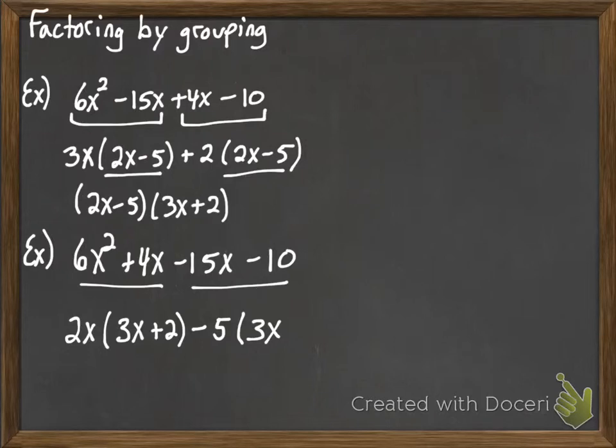Negative 5 gets into negative 10 positive 2 times. What you'll have to remember is when that third term's negative there, it's going to cause the sign on that last term to change. And now you can see we have a 3x plus 2 and a 3x plus 2. We can pull those out and we have our result.